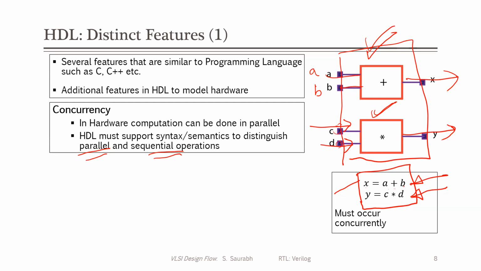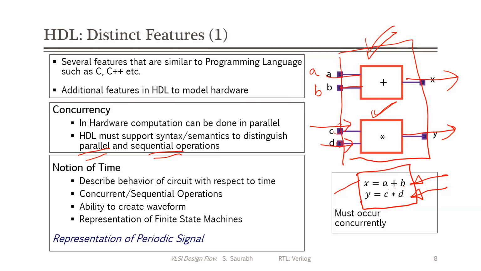It operates in parallel, right? So if it can operate in parallel, then the language should support features where you can specify that this is my parallel operation and this is my sequential operation, and so on. And these features are basically supported in Verilog, right?